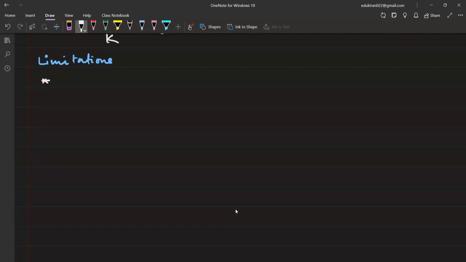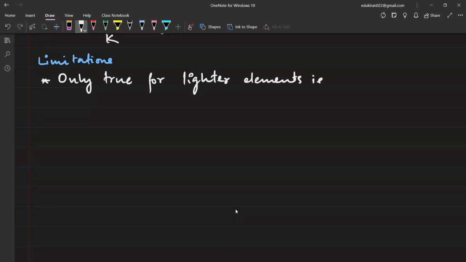So first, it is only true for lighter elements, that is, atomic weight up to 40. Okay, you can write 40 u.